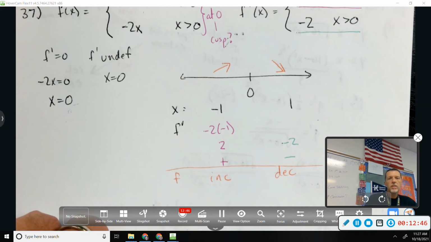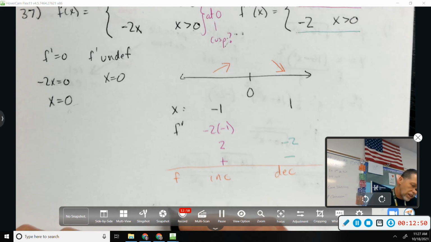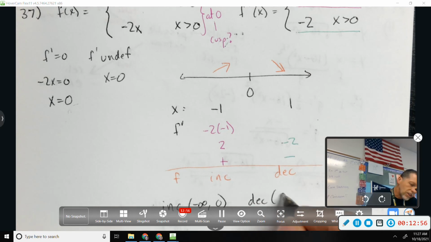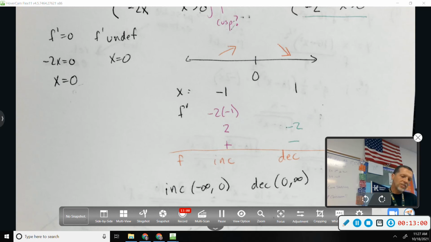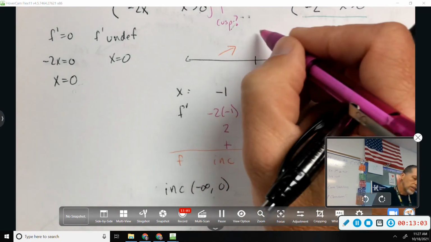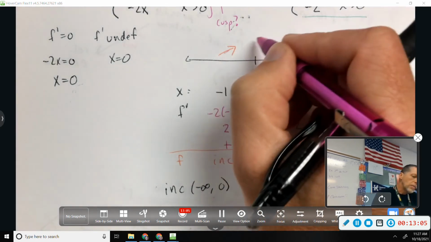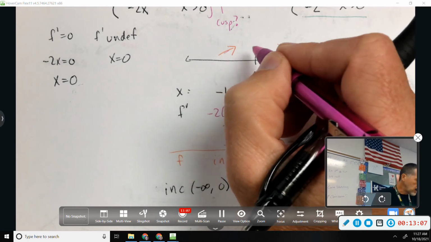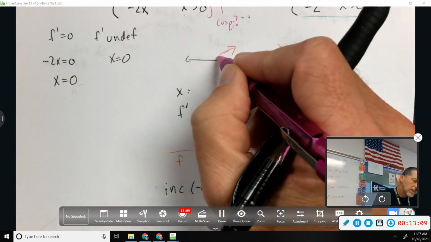So what did it ask me for? It's increasing from negative infinity to 0. It's decreasing from 0 to infinity. And what's happening at 0? There's probably some sort of cusp. It might be a cusp, but what is it in terms of max or min?